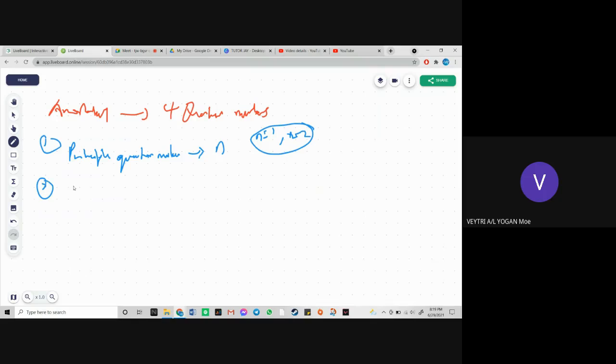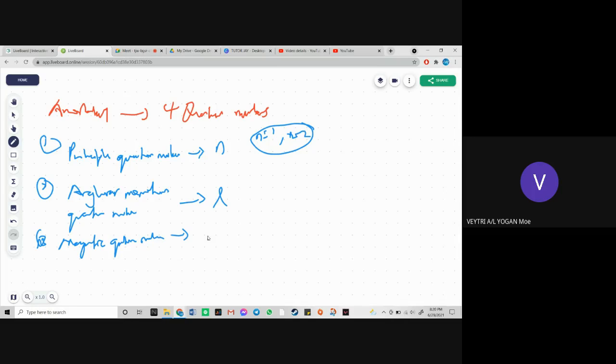Number 2, angular momentum quantum number. This now was principal quantum number denoted by n. Now angular momentum quantum number denoted by L. Number 3, magnetic quantum number.